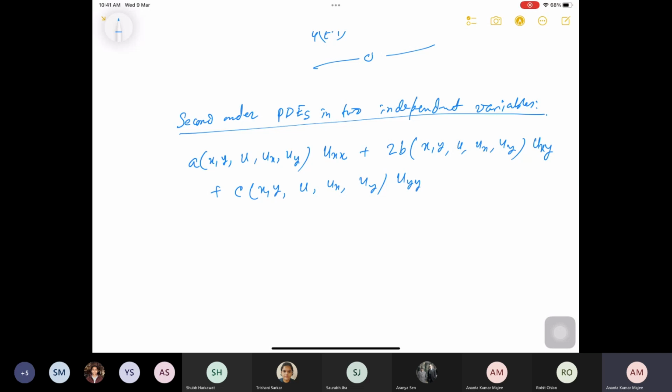Is it not? This is your second order kind of quasi-linear type, no?